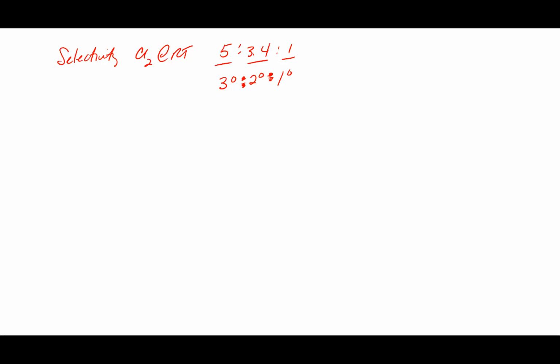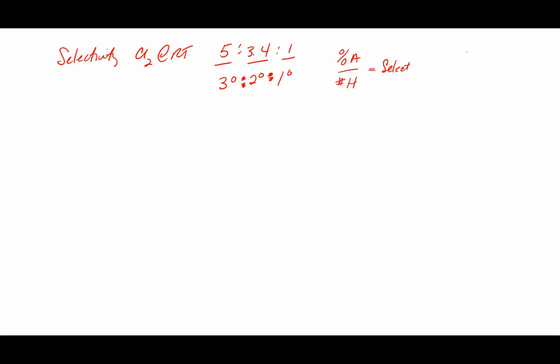So you can go through this and find this ratio, and then we just rearrange the equation to figure out what our major product is. The way we calculated this was we took our percentage of product A, divided it by the number of hydrogens that give us product A, and that gave us this selectivity.